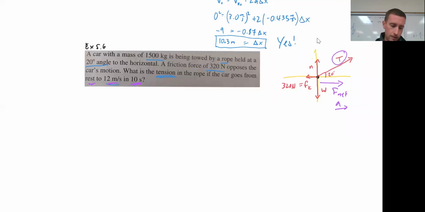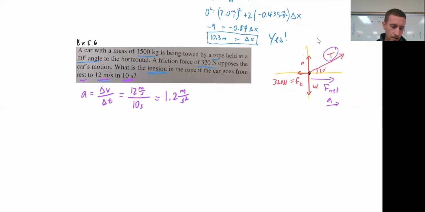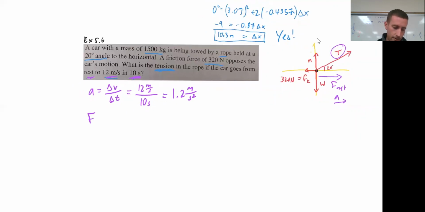Okay, so I know that acceleration is the change of velocity over the change of time. I go from rest to 12 meters per second, so that's a change of 12 meters per second in 10 seconds. 12 divided by 10 is 1.2 meters per second squared. So now I have an acceleration to the right. Now I can do F equals ma, and this is the horizontal force, right?